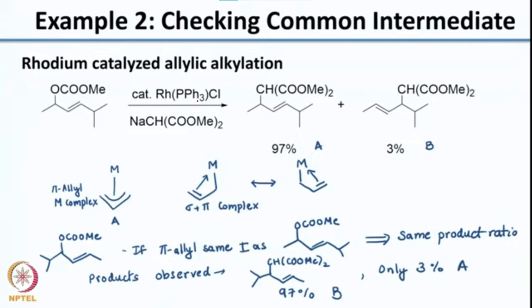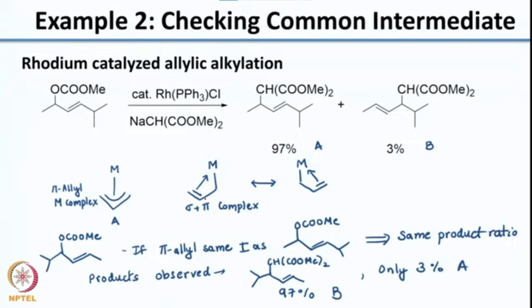So what will be the intermediate in this case? One possibility is that this pi bond will be distributed over all three carbon atoms this way. So this is the pi-allyl M complex, right? The metal will bind through this double bond, which is in resonance with these three carbon atoms, delocalized here, right? The other possibility is the sigma plus pi complex, right?